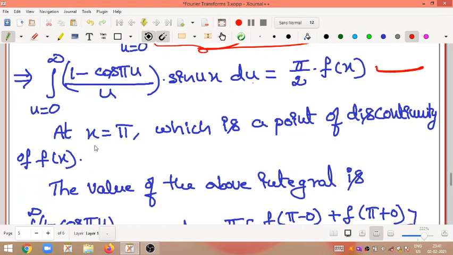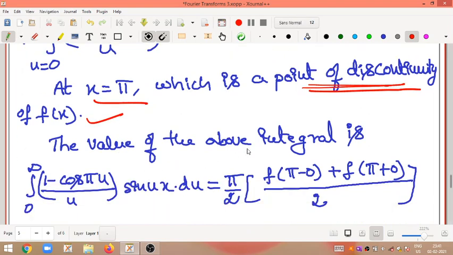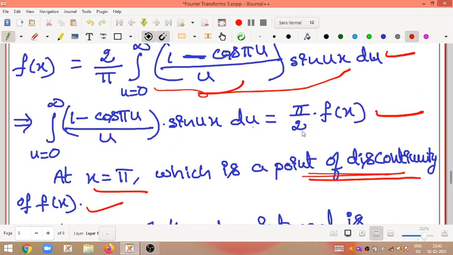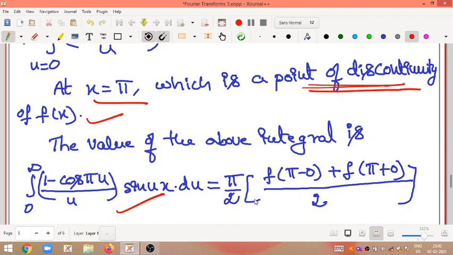So at x = π, which is a point of discontinuity of this function f(x), the value of the above integral becomes, with the left side as it is, the integral from 0 to infinity of (1 − cos πu)/u sin ux du. Next, according to this formula, π/2 into [f(π − 0) + f(π + 0)] divided by 2.